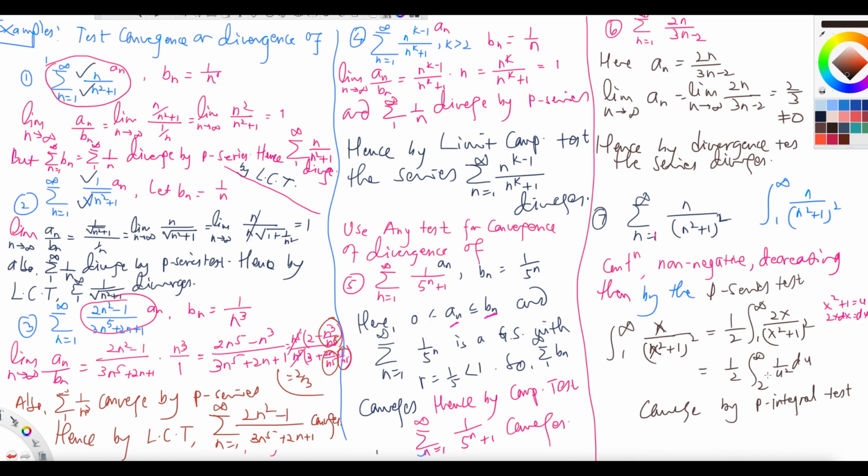So since this converges, then this limit converges. Since this integral converges, it means the series converges. Hence by the integral test, the series summation n equals 1 through infinity of n over n square plus 1 square converges.